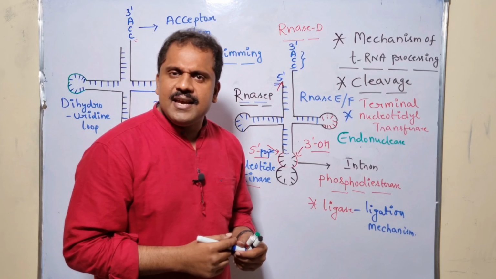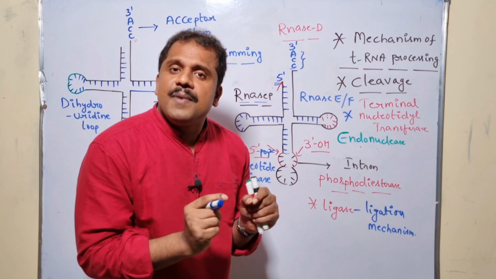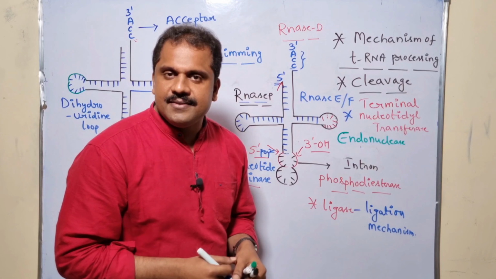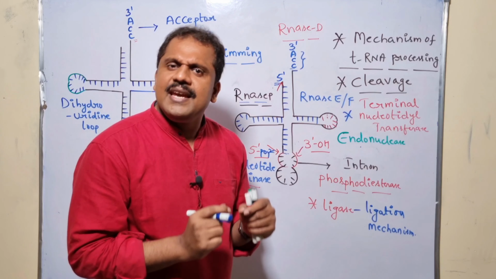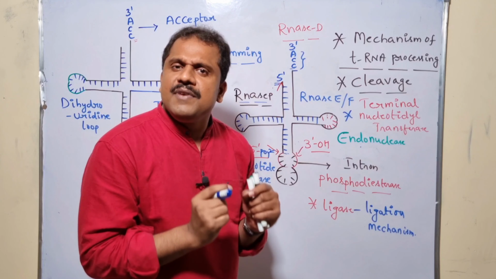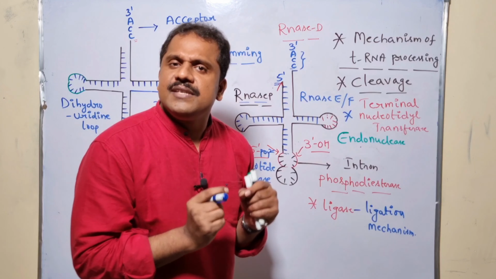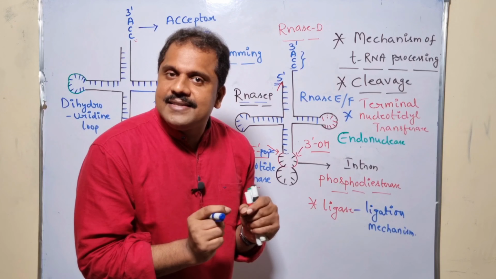Only the mature tRNA is capable of participating in the translation mechanism or the translation process. Is it clear? So this is regarding the specific process which is involved in the tRNA processing mechanism.